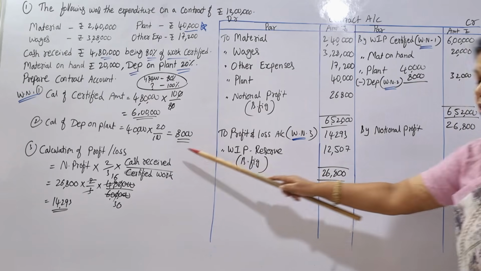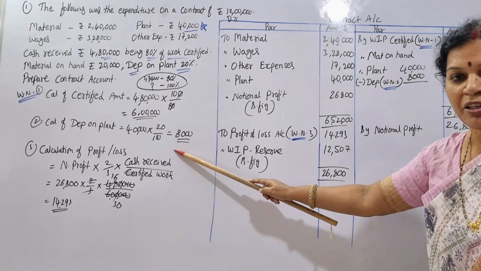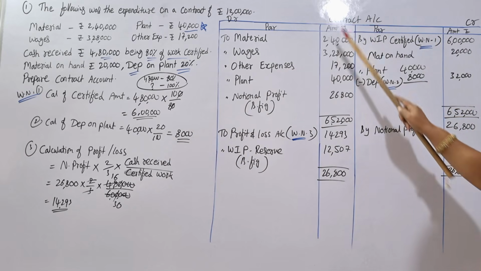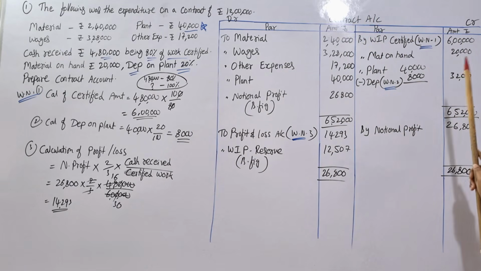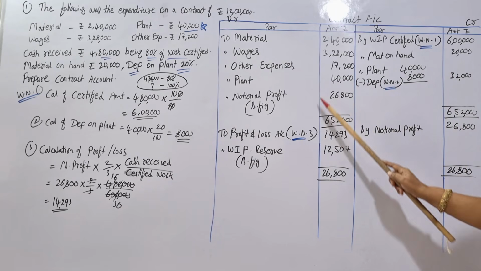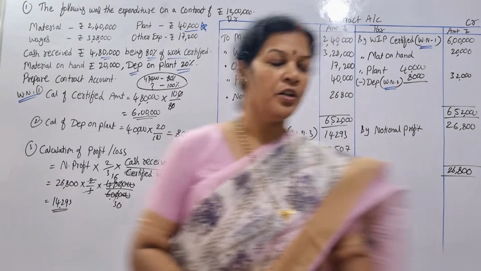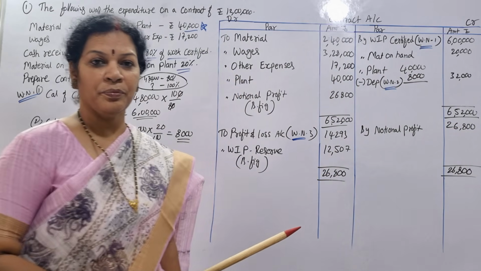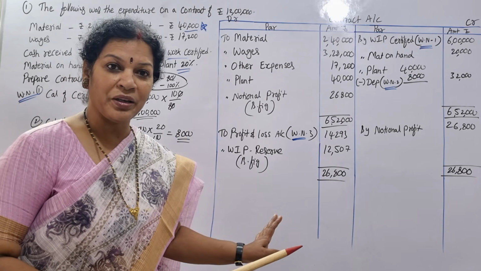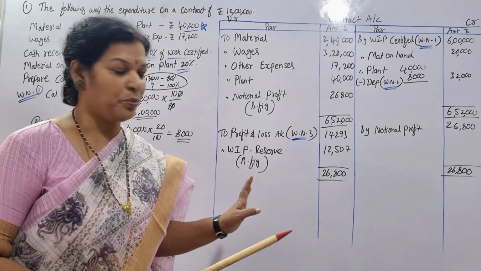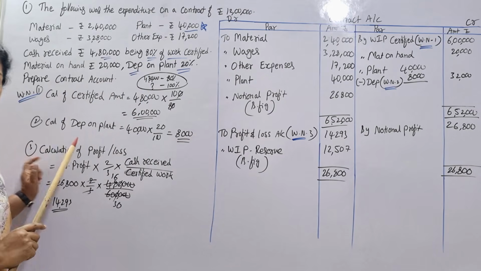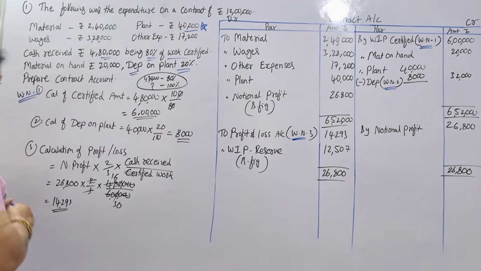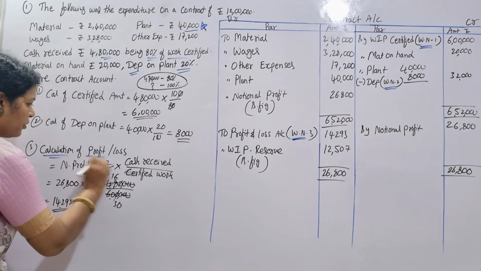This is also shown in the working notes, calculation of depreciation. So we have written the debit side and credit side, everything, and you are getting a notional profit of 26,800. This is transferred to the credit side. After that, immediately you have to calculate the profit or loss. This is the important calculation.